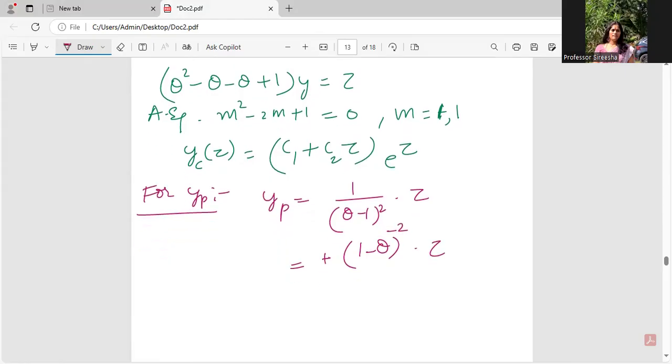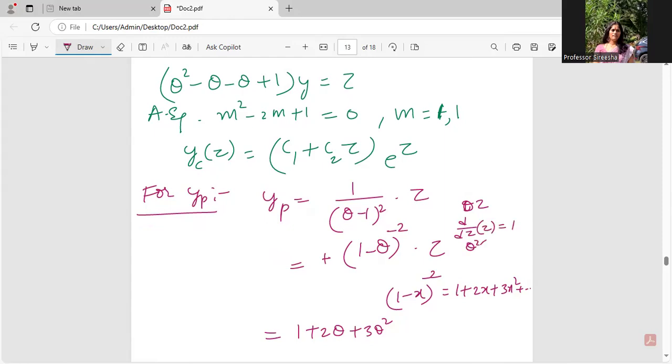If you remember this expansion, (1 minus x) power minus 2, if you remember the expansion directly, right? The expansion would be like 1 plus 2x plus 3x squared. So write accordingly, 1 plus 2 theta plus 3 theta squared. Of course, theta of z would be what? d by dz of z would be 1.